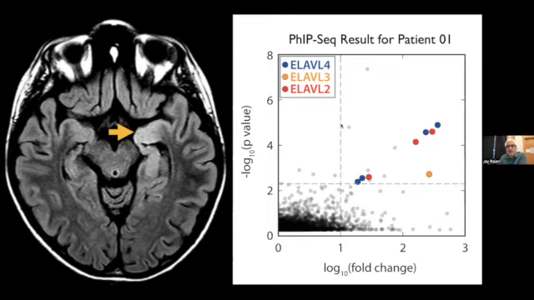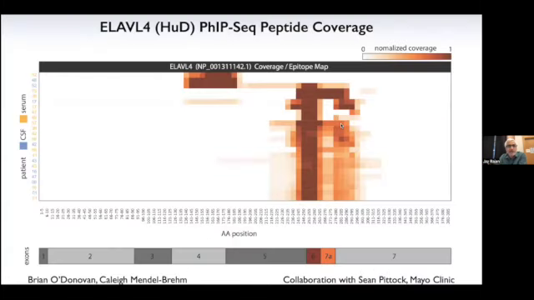CSF from this patient was run using a PhIP-Seq library that represents the entire human proteome, and it identified these fragments. Basically, this QD gene, this ELAV4 gene, was what this patient's antibodies targeted.